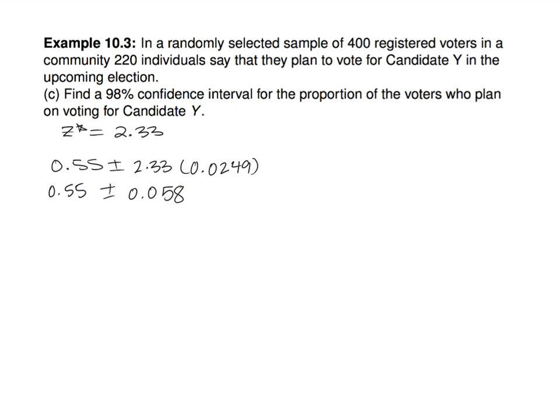And then 0.55 minus that number gives us 0.492, 0.55 plus that number, 0.058, gives us 0.608, or 49.2% to 60.8%.